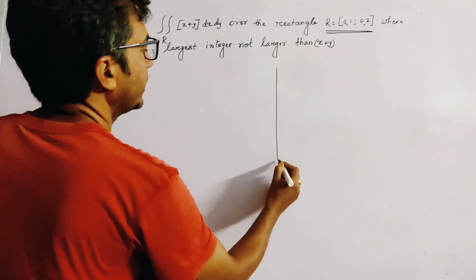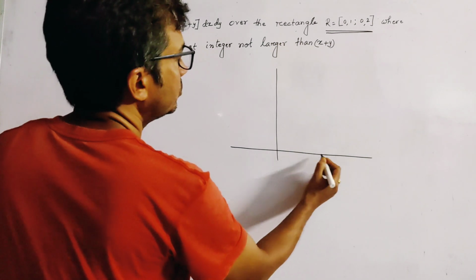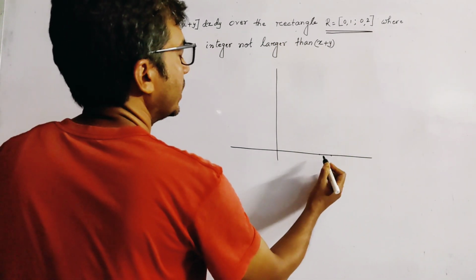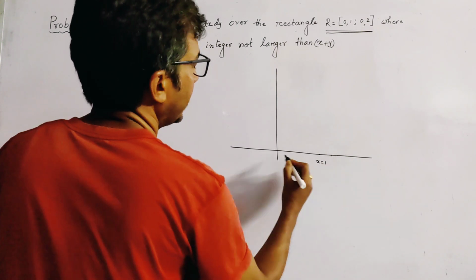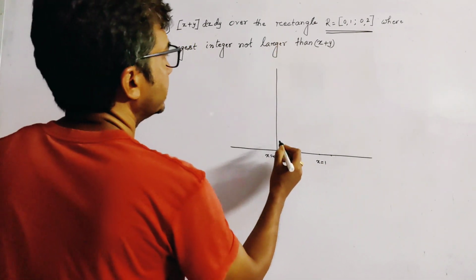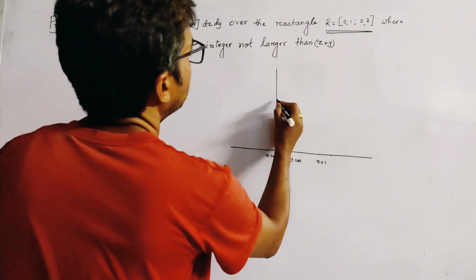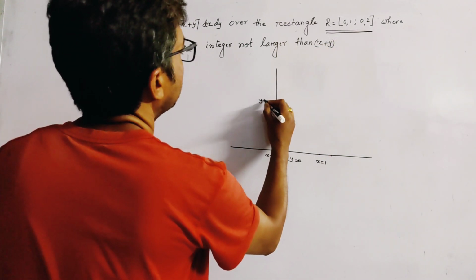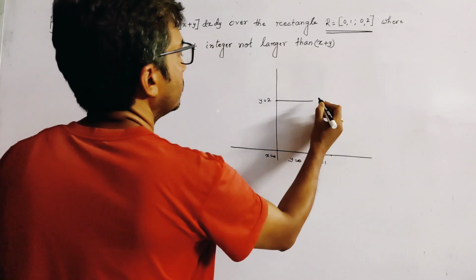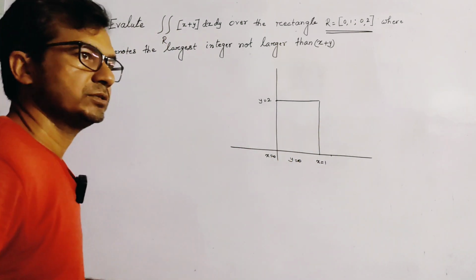This is 0, this is 1, x equal to 1 and x equal to 0, that is the y axis, and this is y equal to 0 to y equal to 2, right? So we draw the rectangle like that.